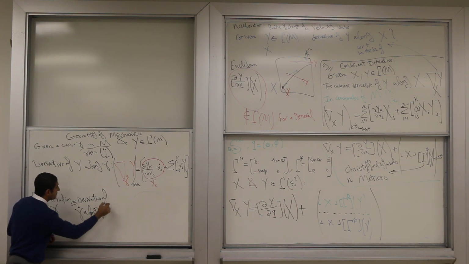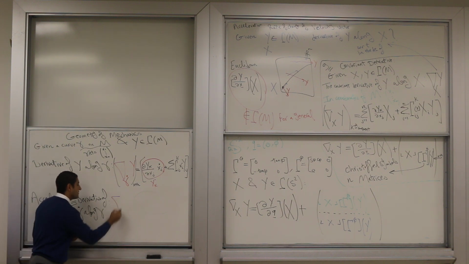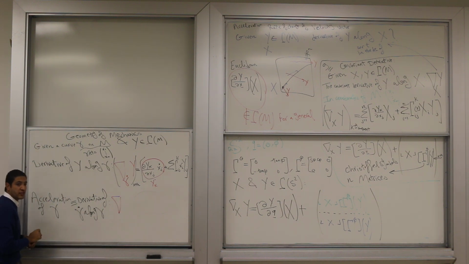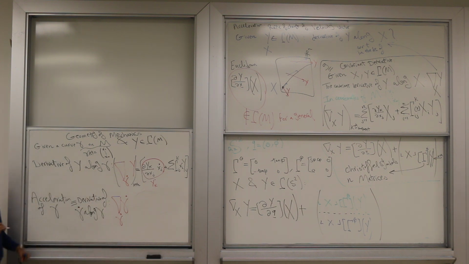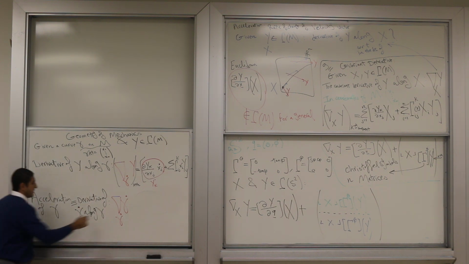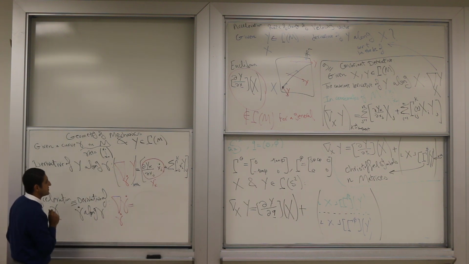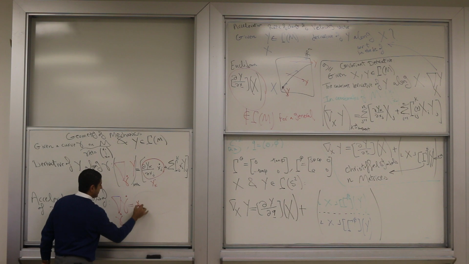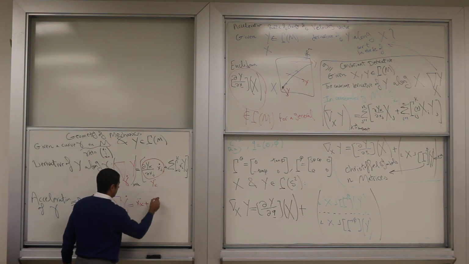So how do you write it? Nabla what? I'm differentiating the velocity along the velocity of the curve, right? And now I'm going to replace y by little x dot. So this is x k double dot plus summation, I will just drop the summation here, gamma i j k x i dot x j dot.